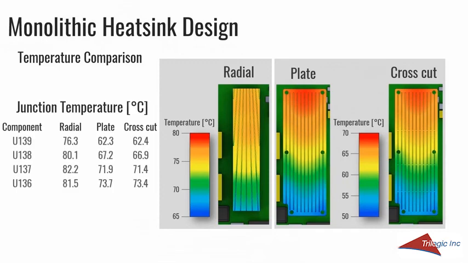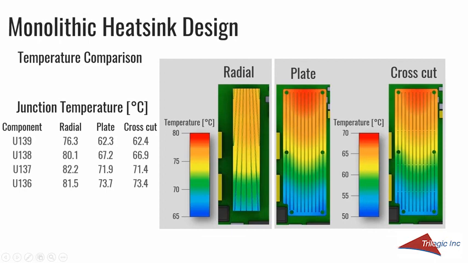As far as junction temperatures, the radial is higher than the plate and crosscut, but it's the one that matched the 5-degree delta T more closely. For this example, in this design, it would probably satisfy the constraints of the design.